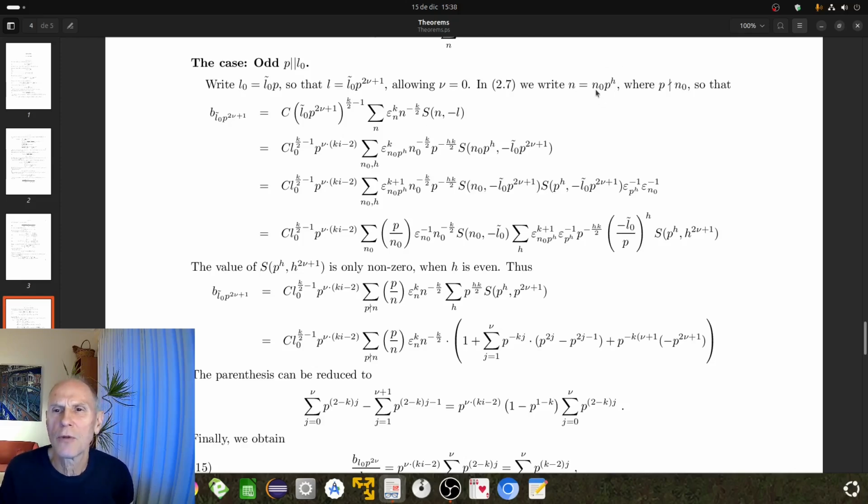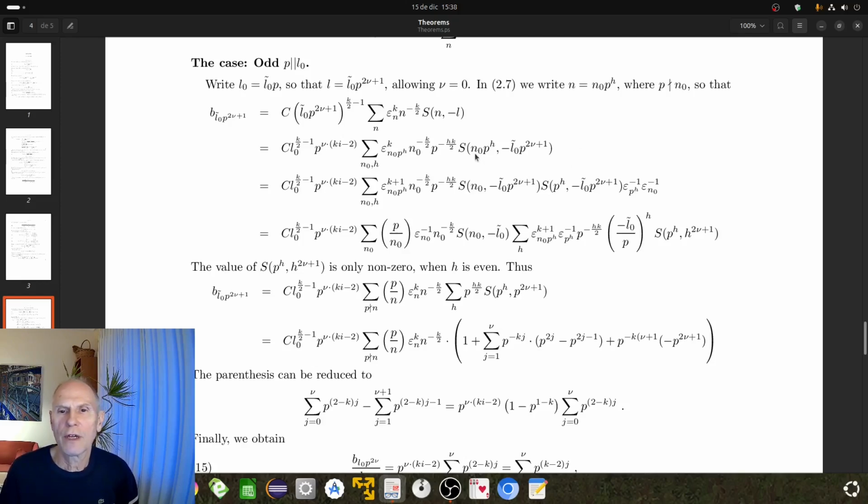We are summing over n naught, which is not divisible by p, and then multiplied by p to h, where h then goes from naught to infinity. So we don't need to distinguish between odd and even factors of h. So we get a major simplification here.